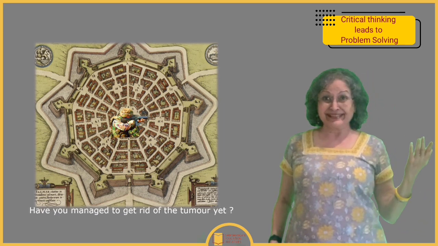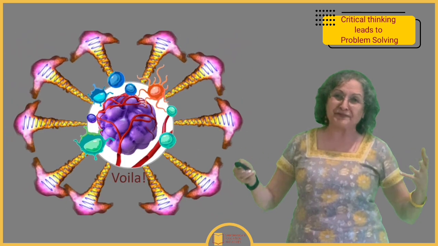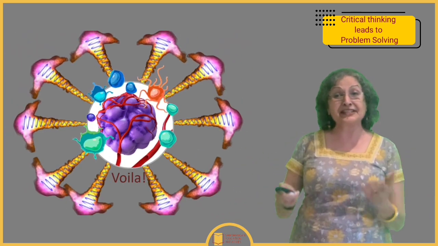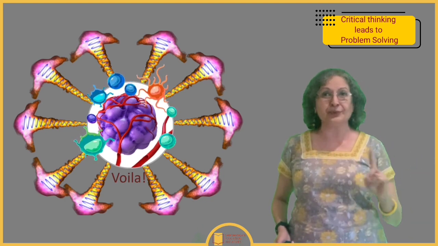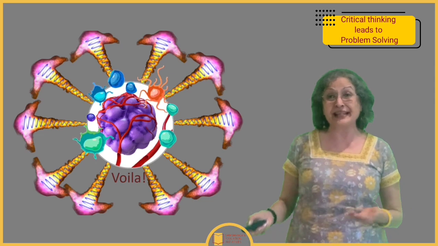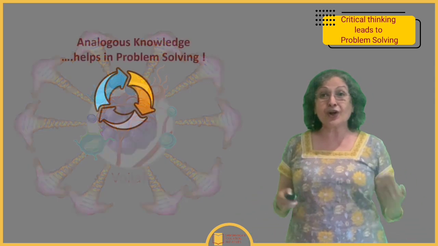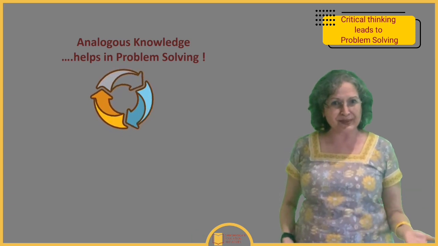Okay. No? Here it is, voila. Many smaller rays of smaller intensity, but hitting the tumor at one go would resolve this problem of no damage to other tissues. This is the beauty of what is known as analogous knowledge. Analogous knowledge which is similar, which can help in problem solving.